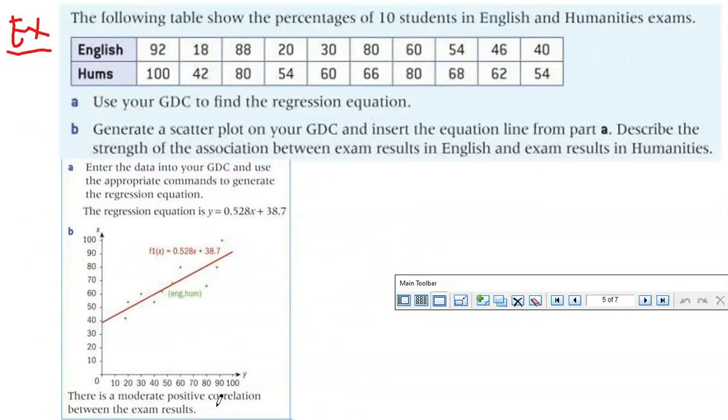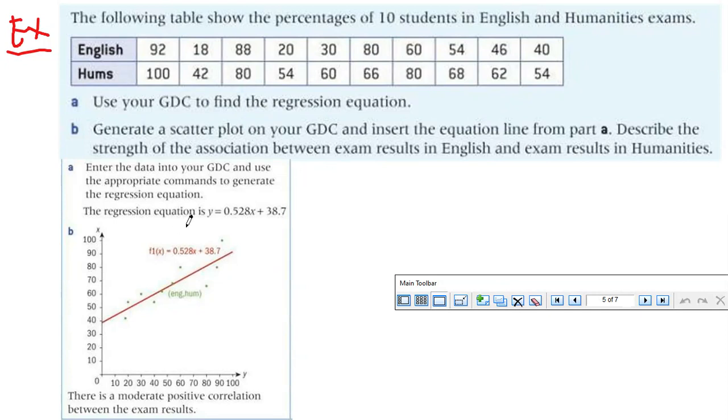And how will it help me to predict? For example, I can ask you, for the percentage 64, there is no 64 here. Predict the number of students.